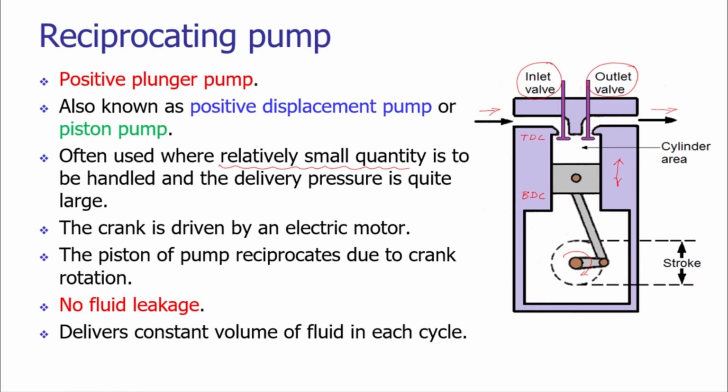As the piston moves from TDC to BDC, the fluid is drawn inside the cylinder area, and during the return stroke, from BDC to TDC, the pressure on the fluid is increased. That pressurized fluid is passed through the outlet valve and taken to the application through the outlet port.